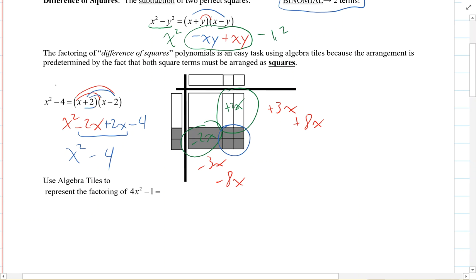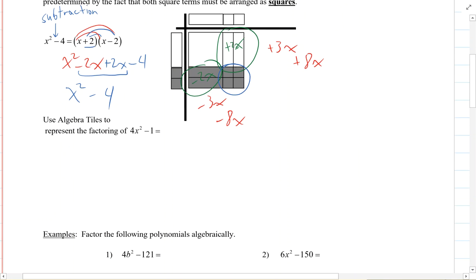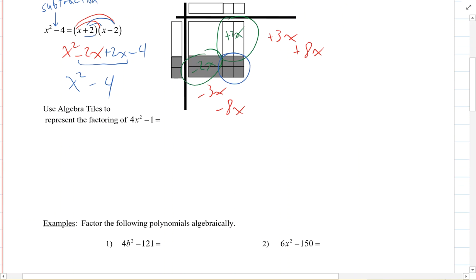You'll notice that you must have a subtraction there. And that's because you have two opposite terms being multiplied, giving you the product, which is a negative number. Okay? So what we do is we can use what we know with the pattern going with the multiplication to work backwards with the factoring.